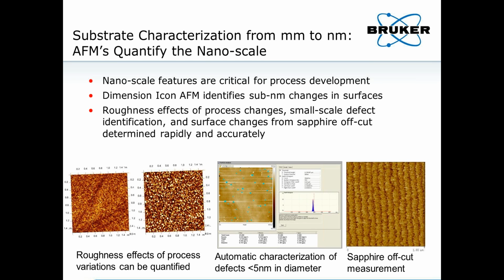So we have the Dimension Icon and the Dimension Edge AFMs, which can identify sub-nanometer changes in surface topography in Z. This is demonstrated in the images on the left-hand side, where we show roughness of sub-angstrom level on the far left and around 1.2 angstroms on the right. These effects are critical in process development, especially as bare wafer substrate, patterned sapphire substrate, and epitaxial layers are investigated.